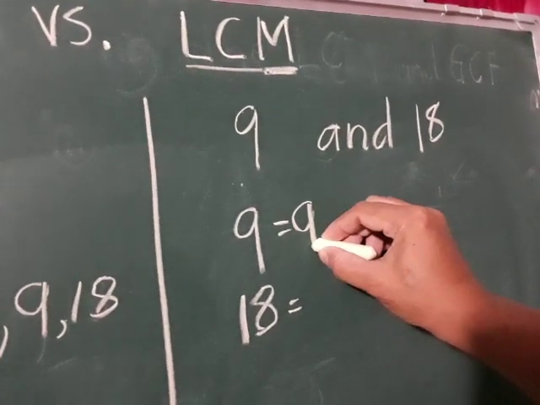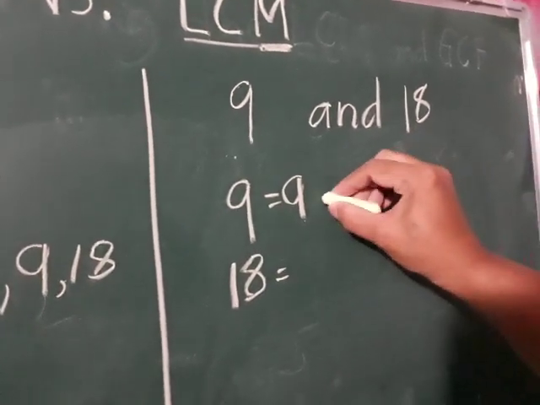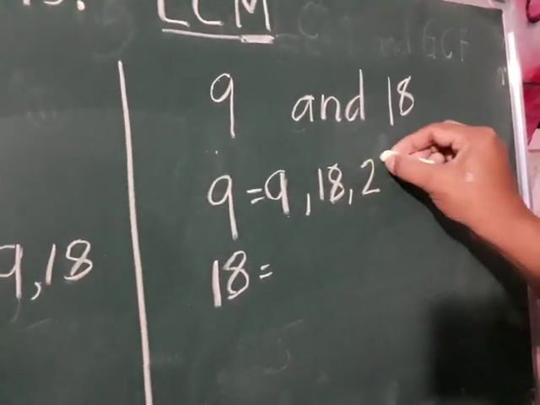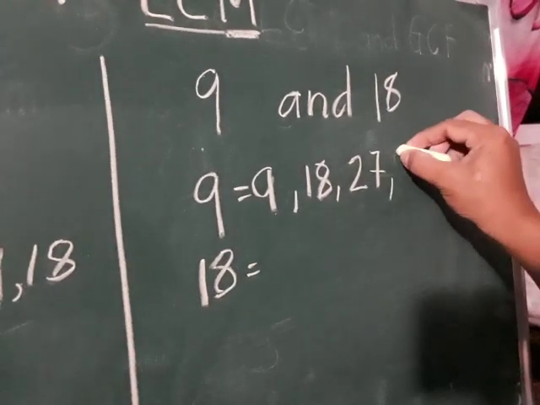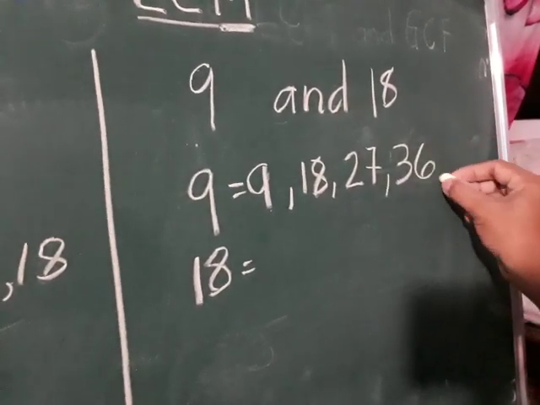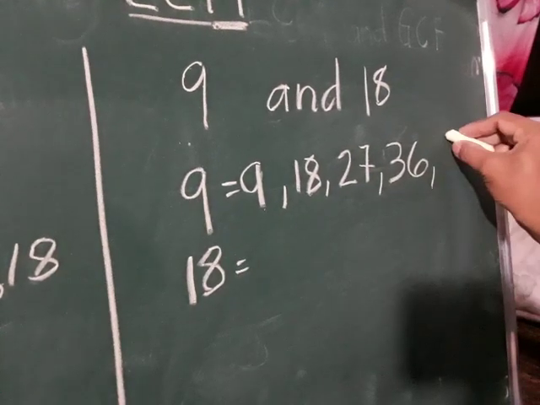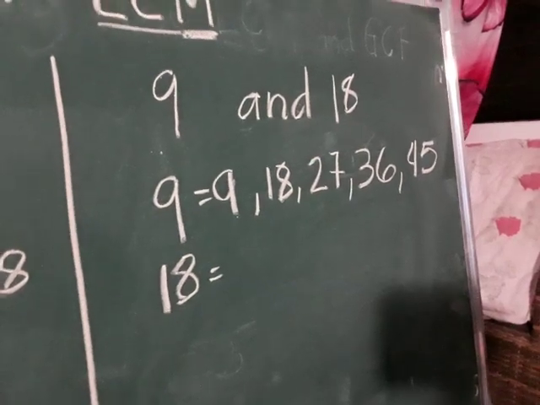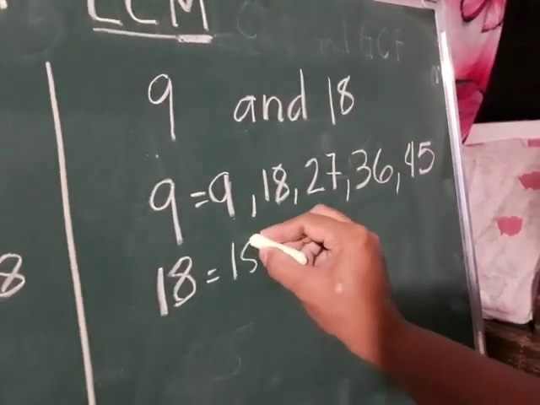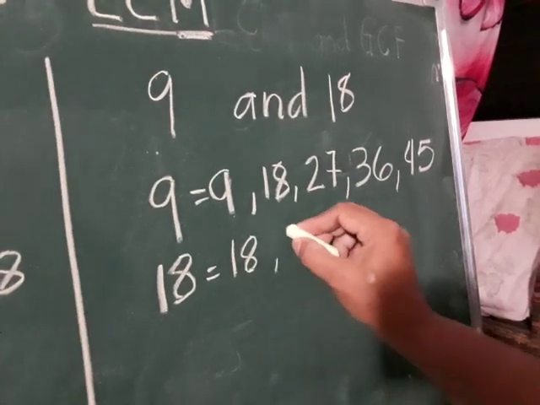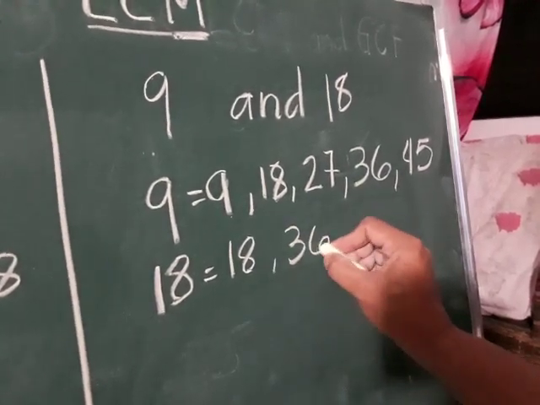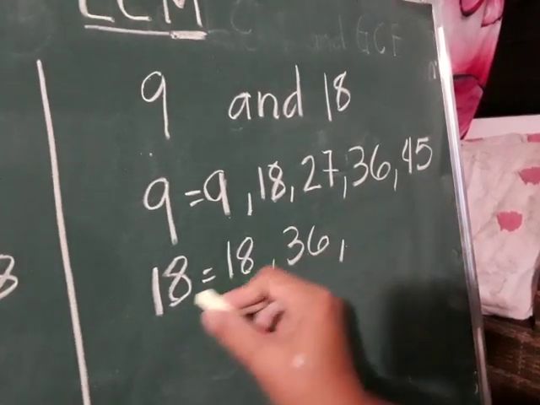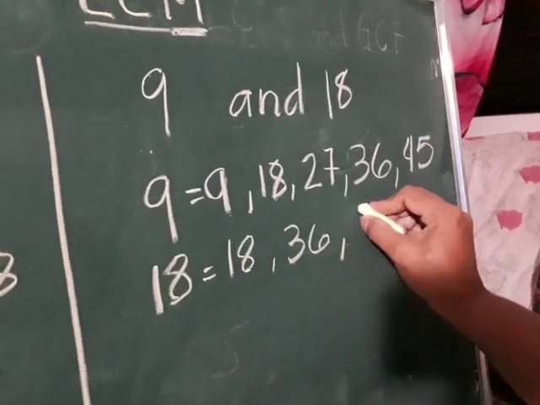So we have 9, 18, 27, plus 9 is equal to 36, plus 9, 45. Next, we have 18, 36, 36 plus 18, 54.